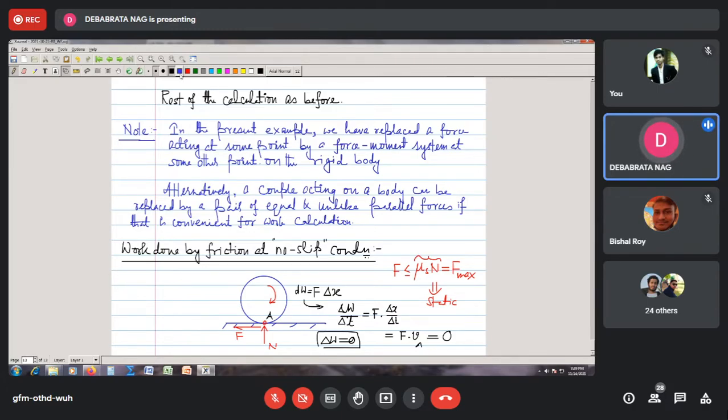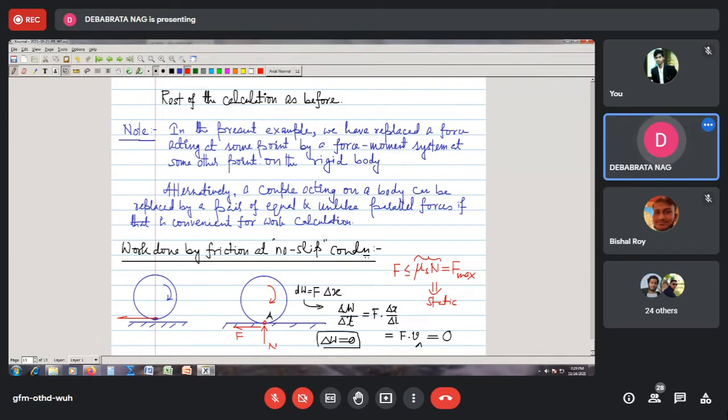What I mean to say is that if suppose this is the roller and the roller is rolling with slipping, and let us suppose that with respect to this static surface, this point is having relative velocity in this direction.